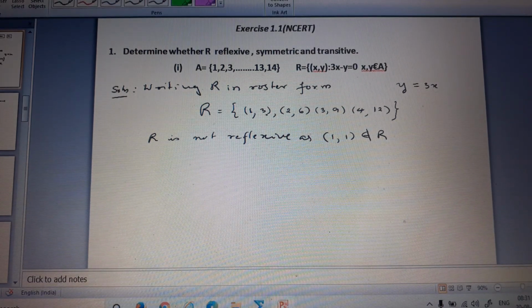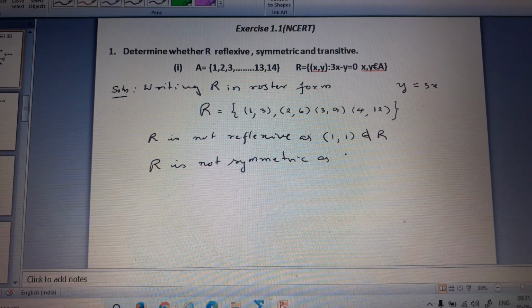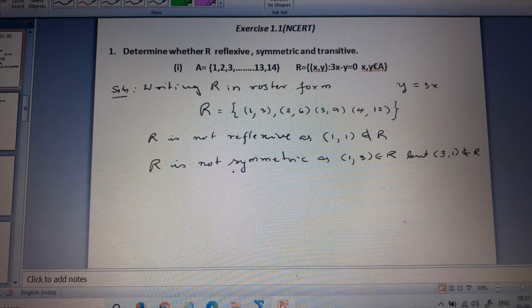Just see, (1, 3) is there, but (3, 1) is not there. Therefore it cannot be symmetric. So you can write: R is not symmetric, because (1, 3) belongs to R, but (3, 1) does not belong to R. Therefore, definitely it is not symmetric.